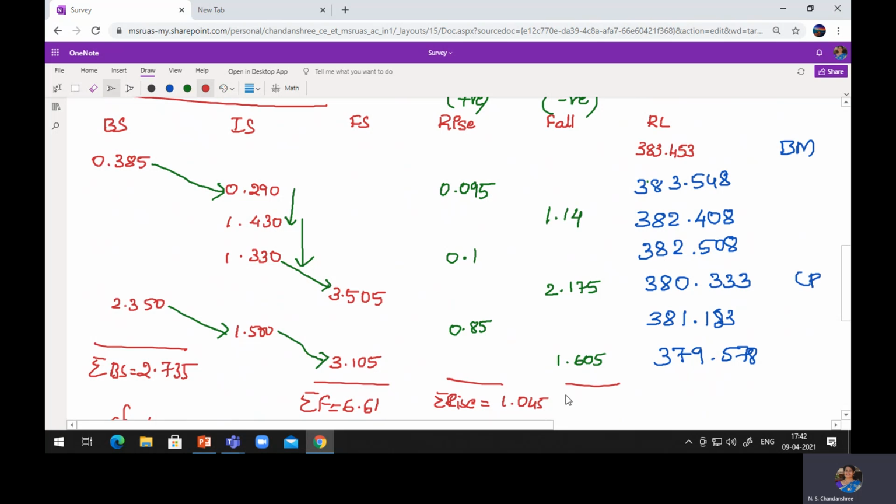Sigma fall is 1.14 plus 2.175 plus 1.605. This is 4.92.